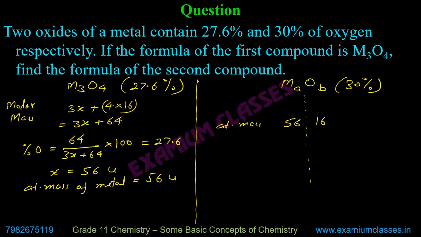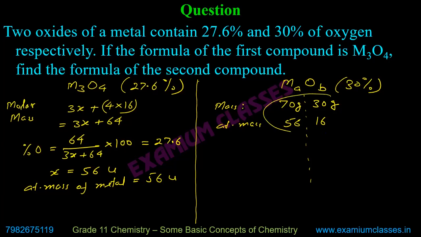I calculated the atomic mass from the given data. Now I am using that atomic mass in the calculation of the second compound. There I have been given the mass of oxygen as a percentage. Suppose I have 100 grams, then the metal will be 70 grams and oxygen will be 30 grams. Oxygen is given as 30%, so 30 grams, and metal will be 70 grams.